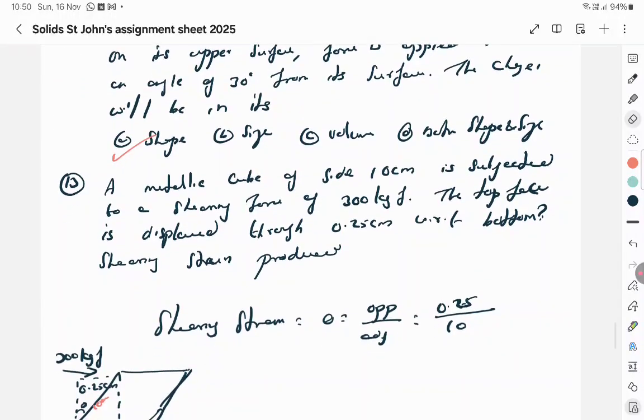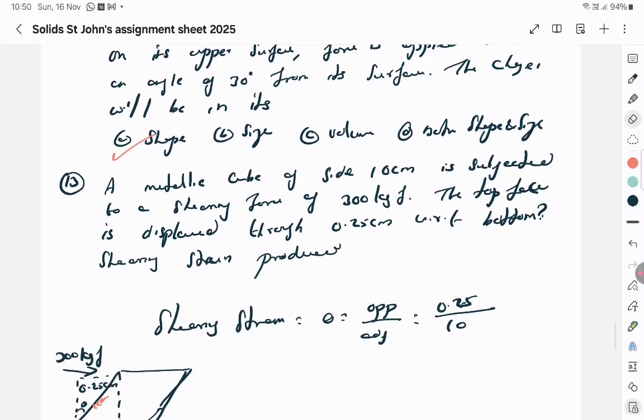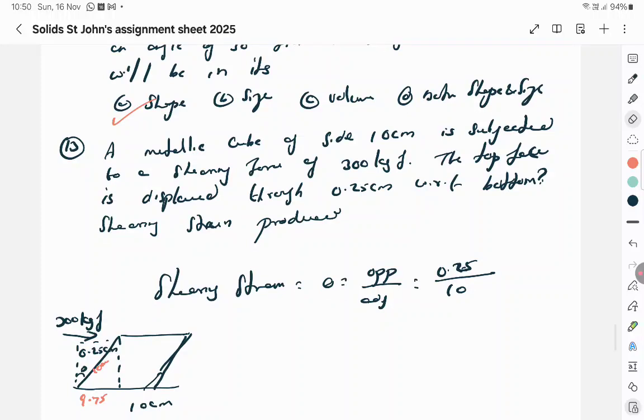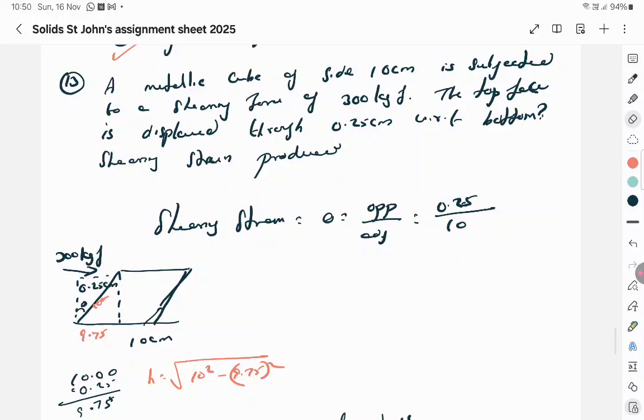Okay, anyway. A metallic cube of size 10 centimeter is subjected to a shearing force of 300 kgf. The top face is displaced by 0.25 centimeter. The parallel displacement has been given. Tan theta, you can find this, therefore you can find this gap to be 9.75 since you know the other displacement.